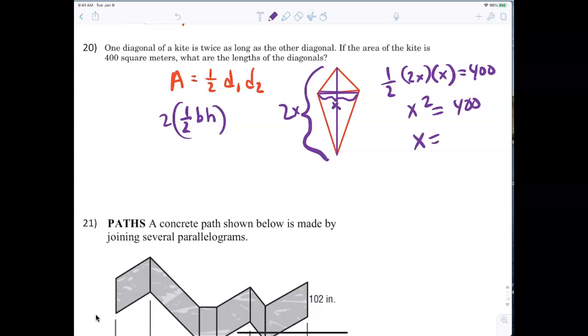So x is equal to, of course we could say plus or minus 20, right? But we can't have negatives, so x equals 20. Everybody okay with that? All right, now if one diagonal is 20, then the other would be what? The other would be 40.